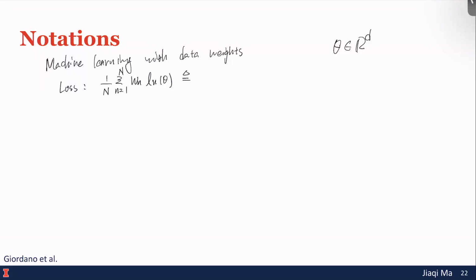We can denote this whole function as capital L(theta, w). It's a function of both the parameter theta and the data weights w, where w is a vector w_1 to w_n, an n-dimensional vector. We'll also denote 1 as the all-one vector.